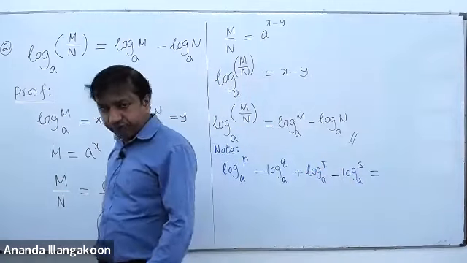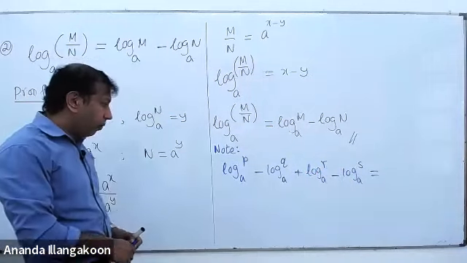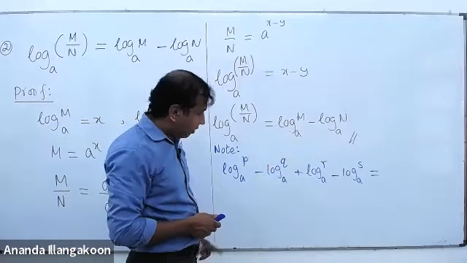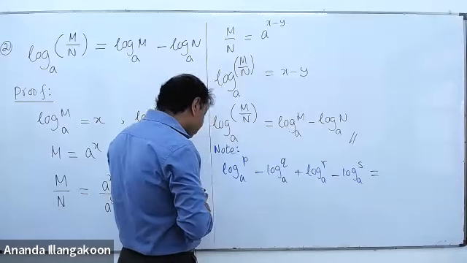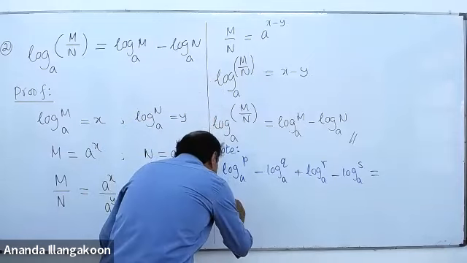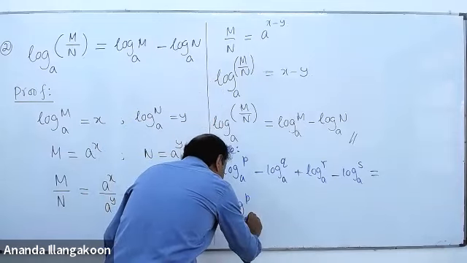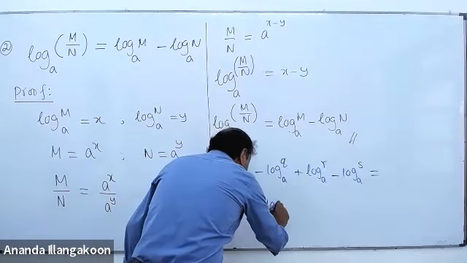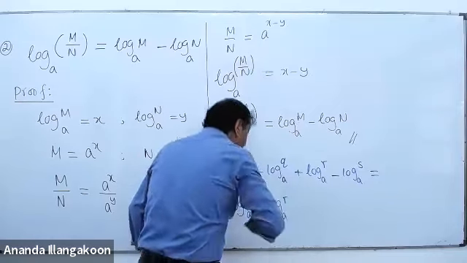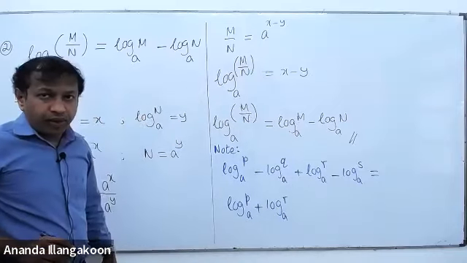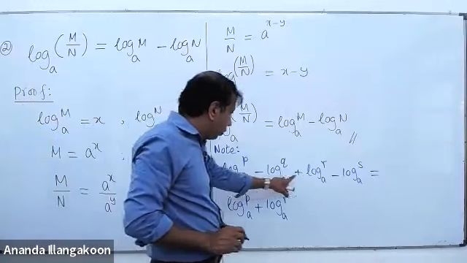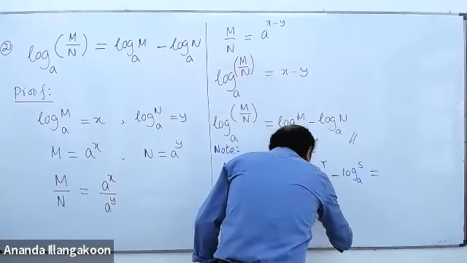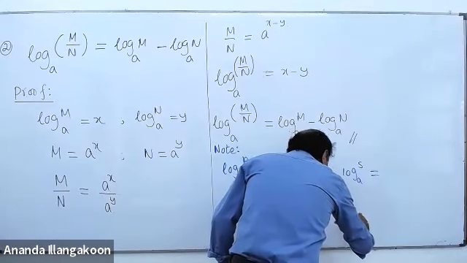Understood? Now, I am going to write this on the right hand side of the equal sign, but I write that here. The first positive log terms, dear students, we write together like this, this term and this term. After that, we write the negative log terms, minus log A Q, minus log A S, like this.